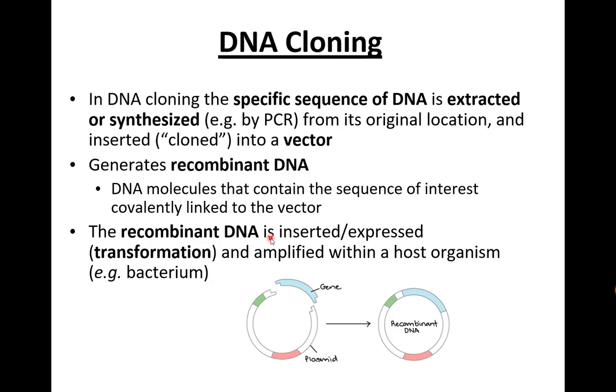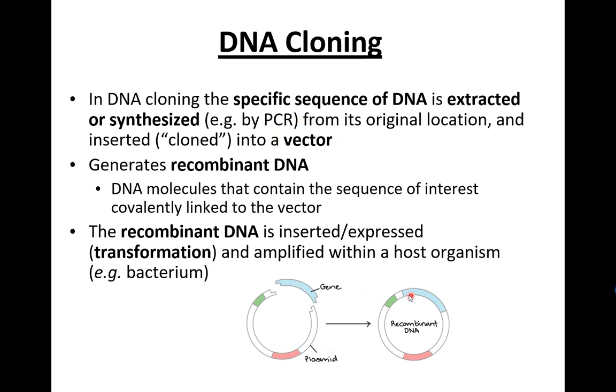Now, how is cloning done? Basically you take a specific sequence. This sequence can be taken out of a genome by cutting with a restriction enzyme, for example, or can be produced by PCR. We'll talk about how that works later on. And then you put it inside a different DNA molecule. So imagine this being the gene that you cut out from the genome. Then you insert it into a different molecule, which is called a vector.